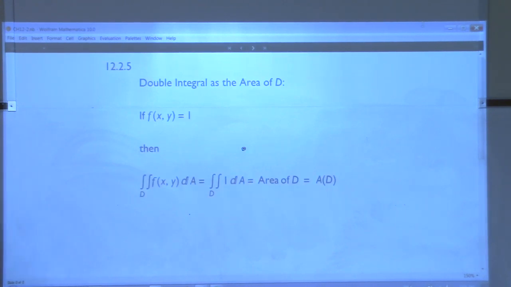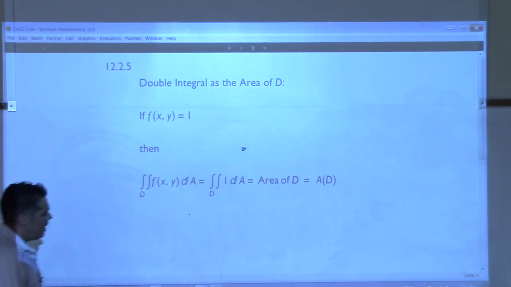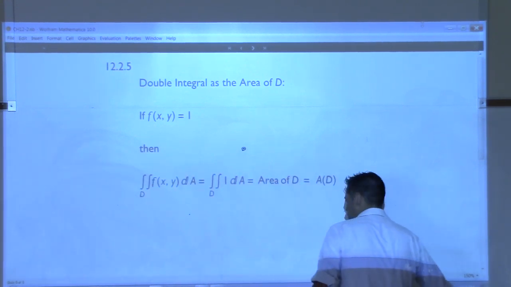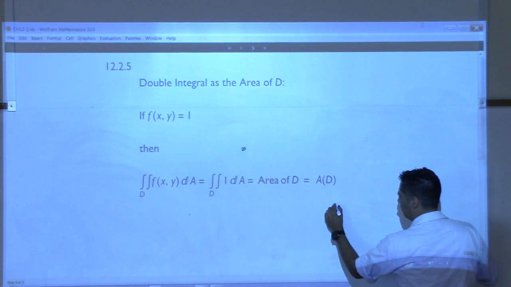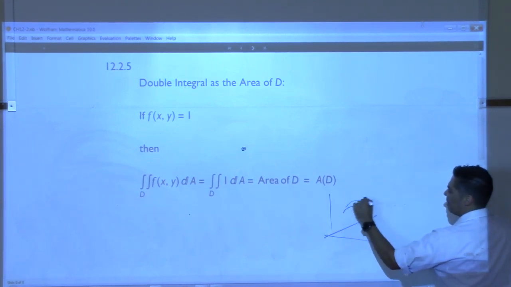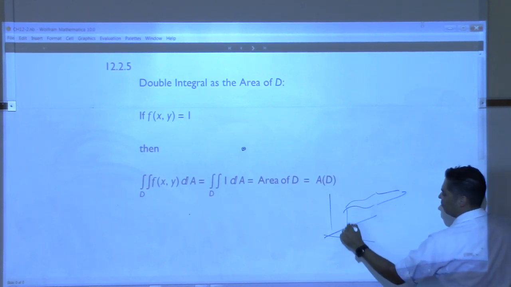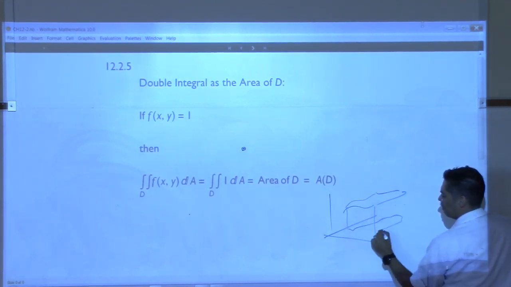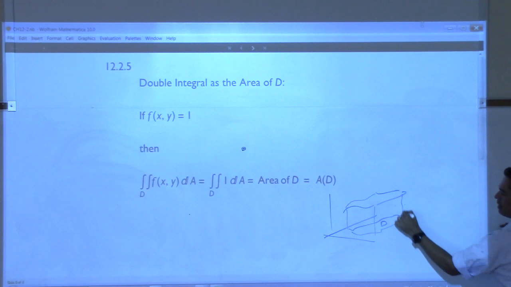All right, this one is so important, but it's going to be even more important as we proceed into triple integrals. So remember that if we're looking at a surface floating in the air here, this is D on the ground, right?